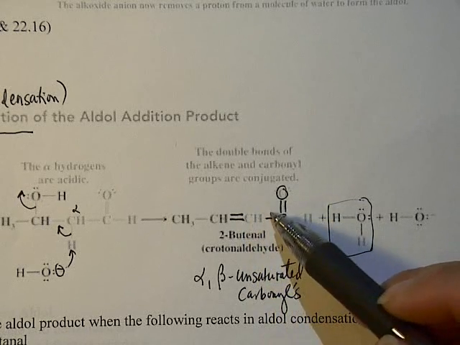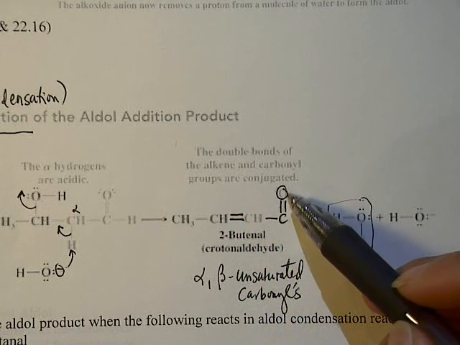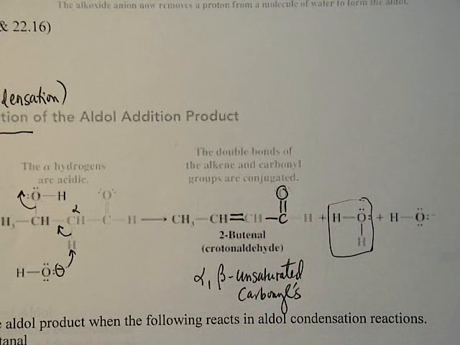You could see how you could draw a resonance with the double bond and having the C double bond O pi bonds, pi electrons participate, right? So that's the final product if beta hydroxycarbonyls are heated.